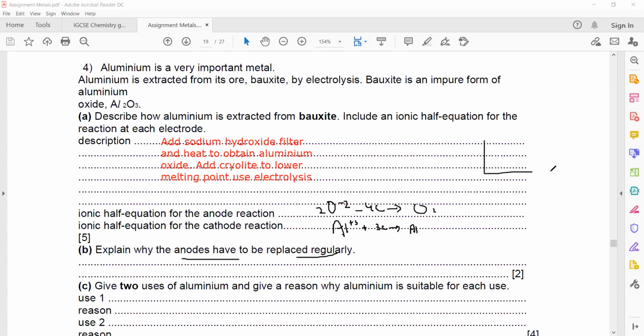For extraction of aluminium, you have this electrolytic cell. Oxygen ions are attracted towards the anode, and the size of the anode decreases because of the formation of carbon dioxide. Oxygen ions are attracted towards the carbon anode. Carbon reacts with oxygen and this results in the formation of carbon dioxide.